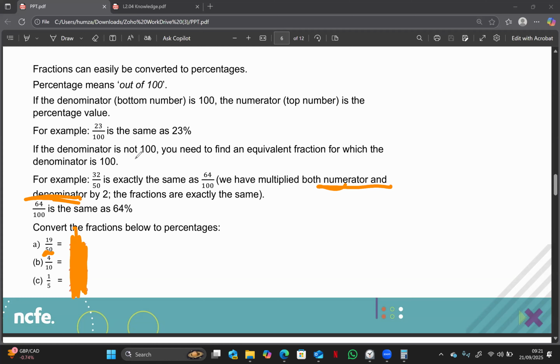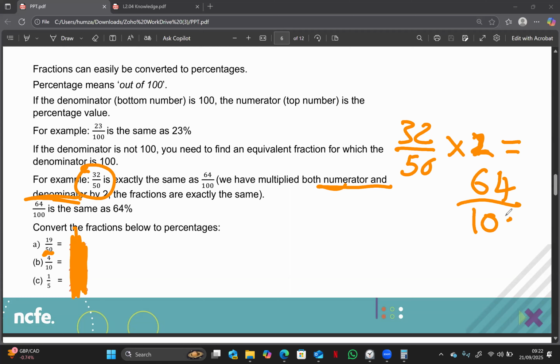Times 2. Exactly. So what they've done here is 32 over 50 multiplied by 2. So this equals 64 over 100.